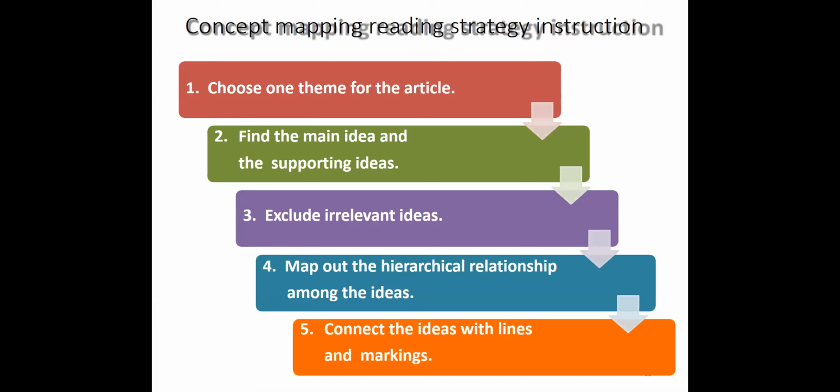Then they ask students to find the main ideas and then the supporting ideas. They also have to exclude all the irrelevant ideas, then mark out the hierarchical relationships among the ideas, and then connect the ideas with lines and markings.